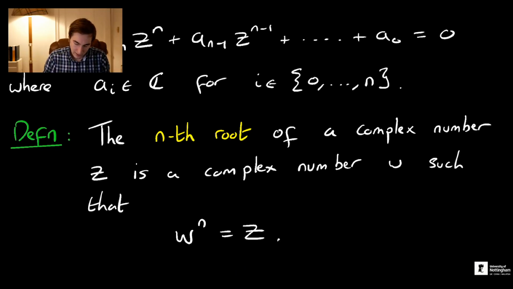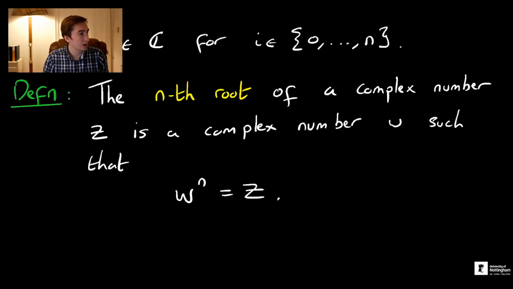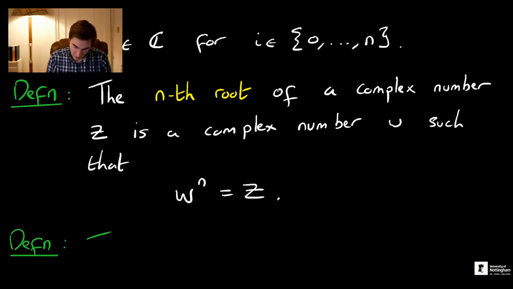So this drives another definition, when I look at the particular case when the number on the right hand side is simply 1. And this drives a definition known as a root of unity. So let z be a complex number.